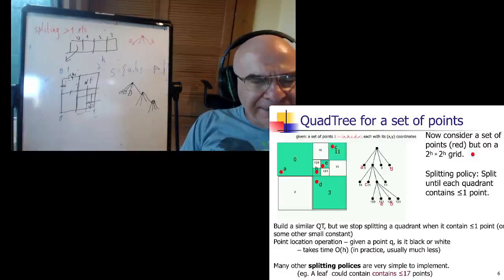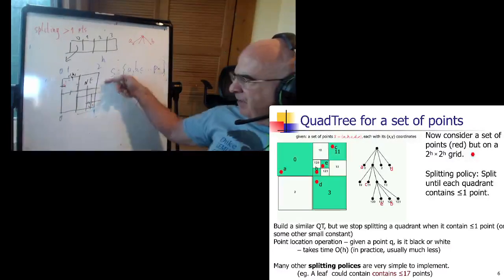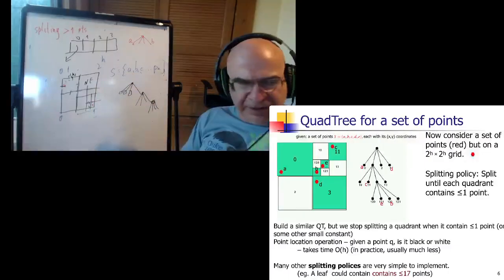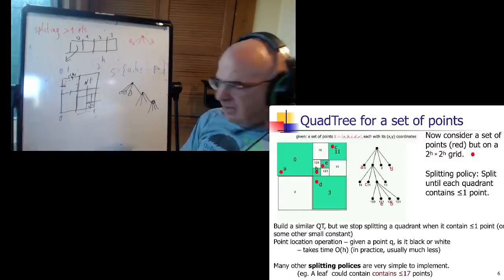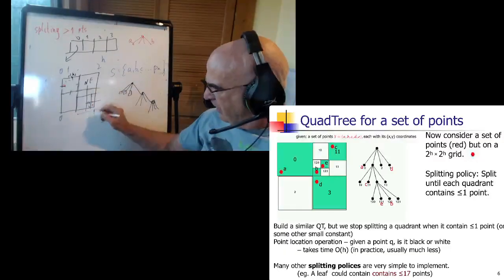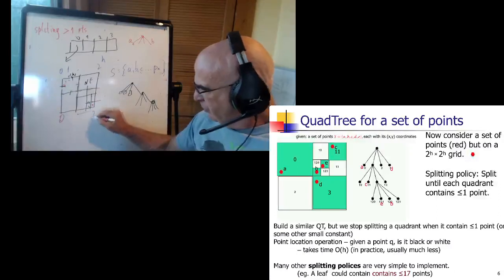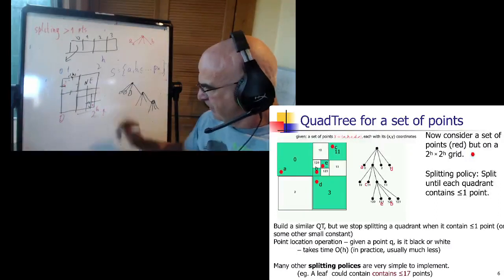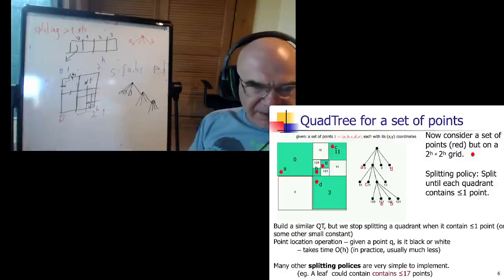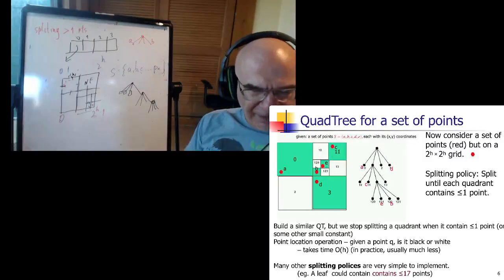It has variants that don't suffer so much from it, but you see only 2 points, and the height, if they are all integer coordinates, somebody already said it, but please say it again. If the numbers are all integers between 0 and 2 to the h minus 1, what would be the maximum height, even for just 2 points? Very small data. How high will be the quadtree?